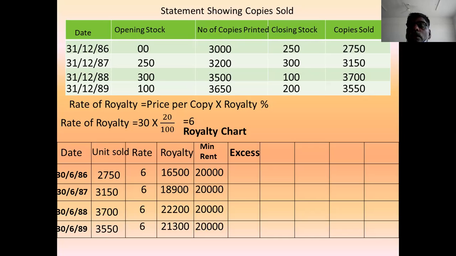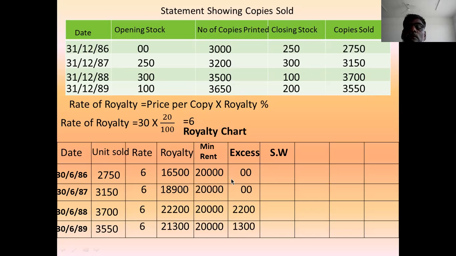Minimum rent. Next, I will calculate excess first, because the SW, SWR columns come serially. Excess means royalty minus minimum rent. First year 0, second year 0, third year 2,200 is the excess. Then last year 1,300 is the excess.